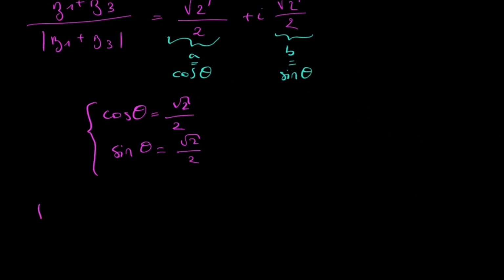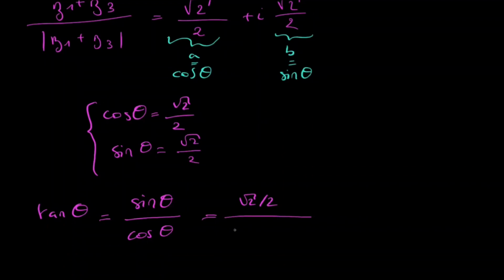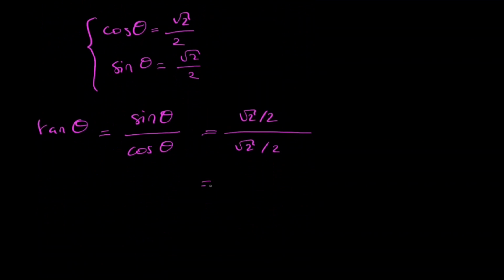Then the tangent theta equal sine theta over cosine theta. Here root 2 over 2 over root 2 over 2, root 2 over 2 times 2 over root 2.